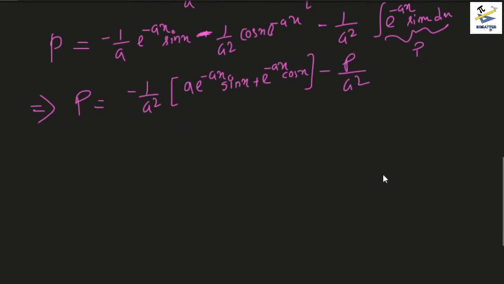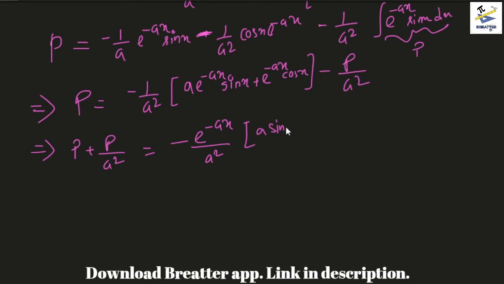So taking p common on the left hand side, we get p plus p by a square equals minus e to the power minus ax by a squared whole into a sin x plus cos x, right?